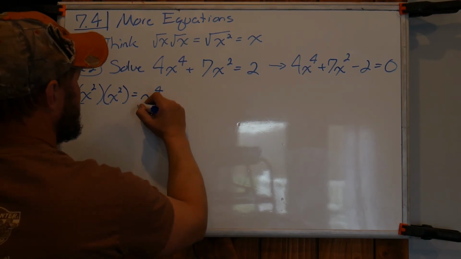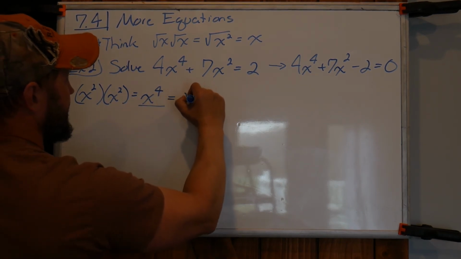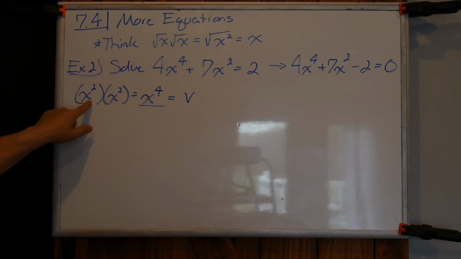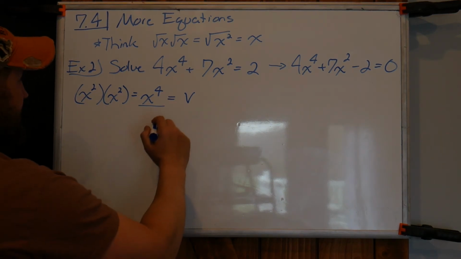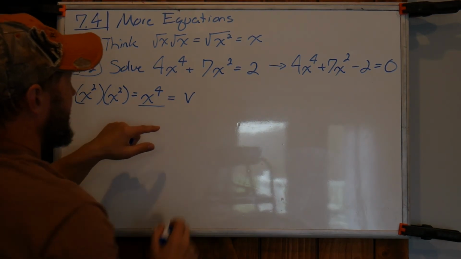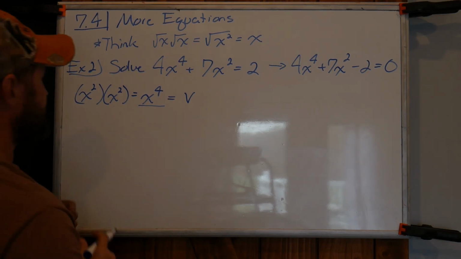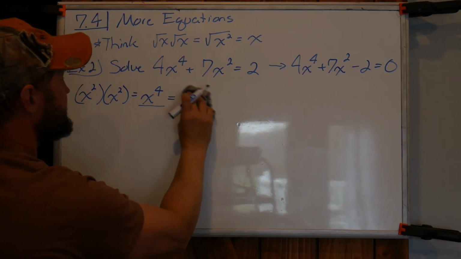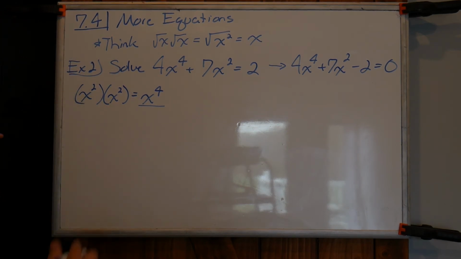Now what I'm going to do is take my x to the 4th and say, I know that that is a perfect square. X squared times x squared. I can make that v. If I square v, well, you'll see what I'm talking about. I should have written this differently. X squared times x squared. I'll go down here.